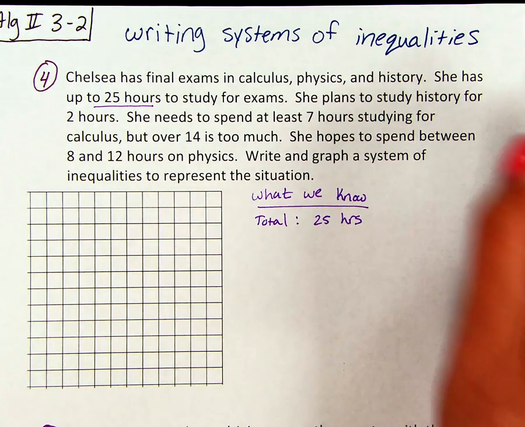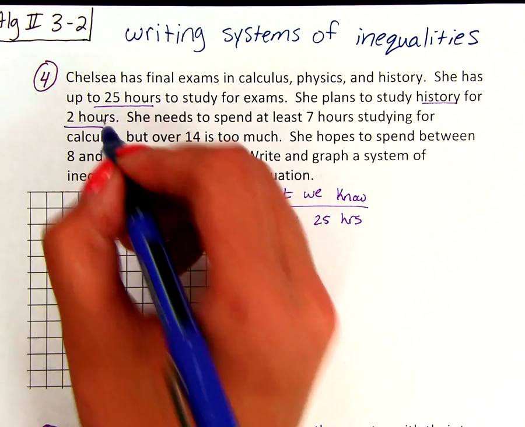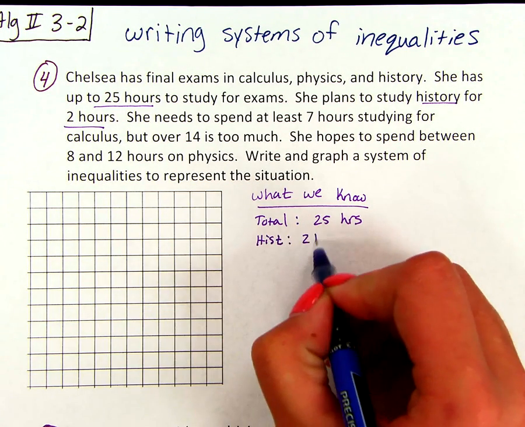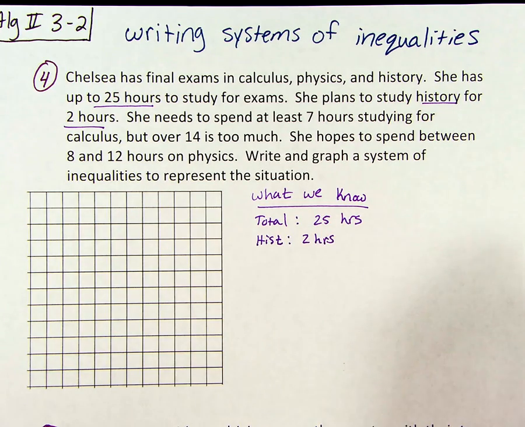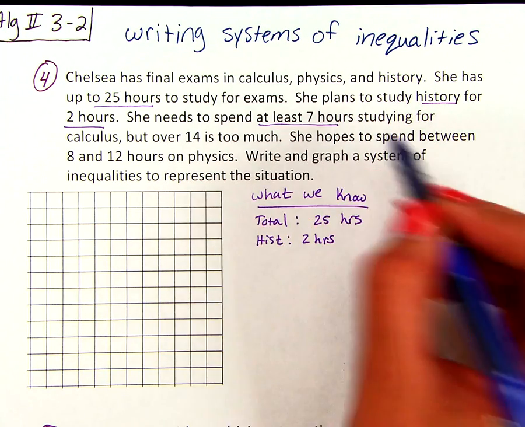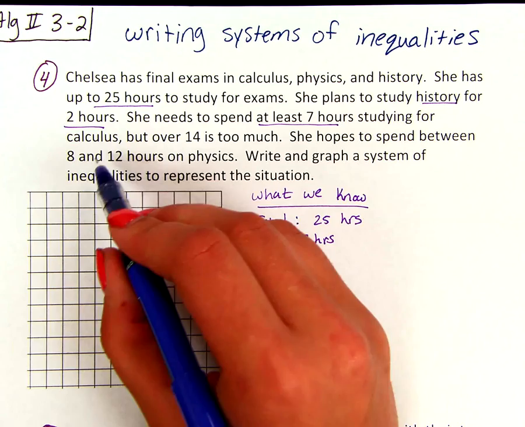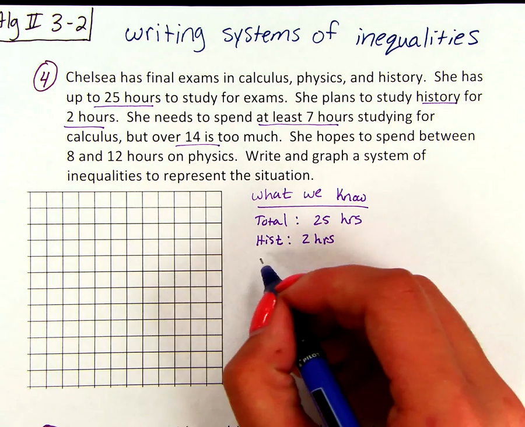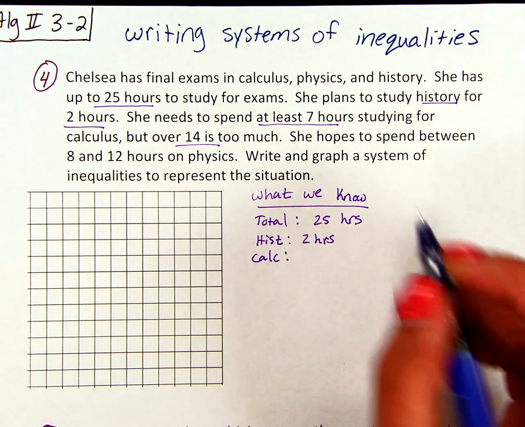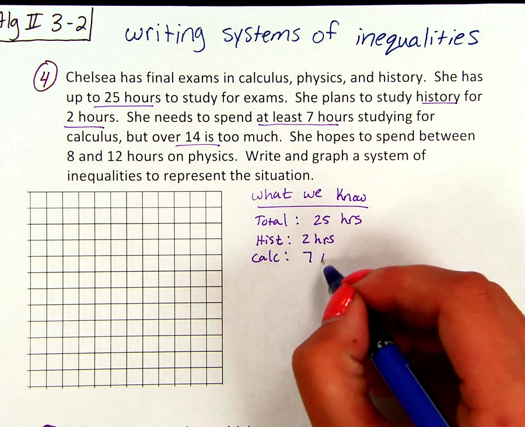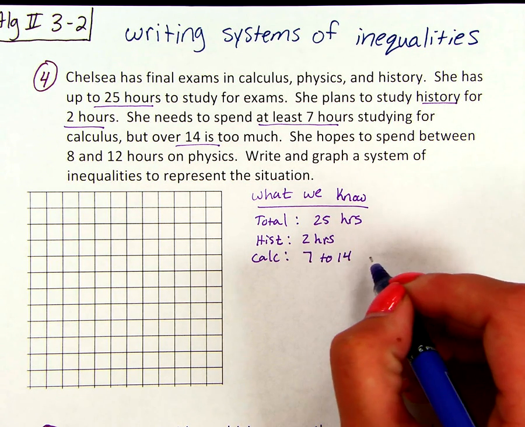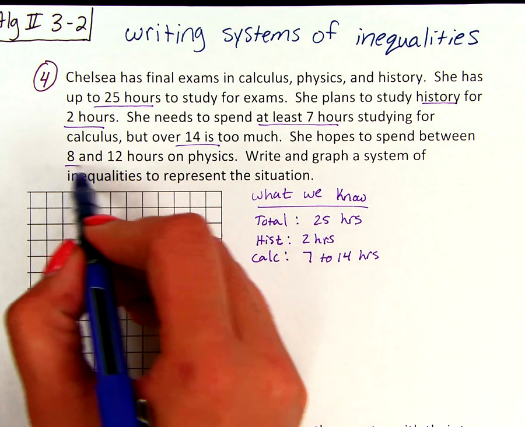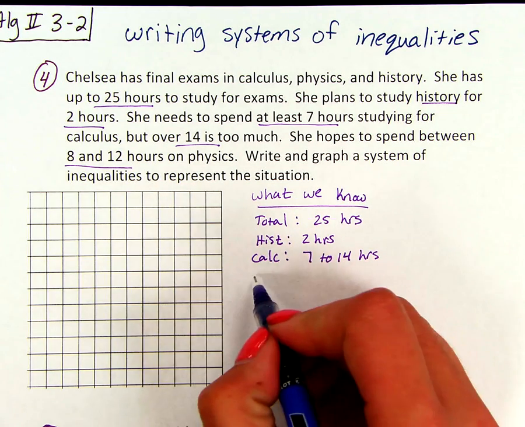All right, so we are going to study history for exactly 2 hours. Okay, so history is 2 hours. We need to spend at least 7 for calculus, but not over 14. Okay. So calculus, we are going to spend between 7 to 14 hours studying. And we need to spend between 8 and 12 hours on physics.